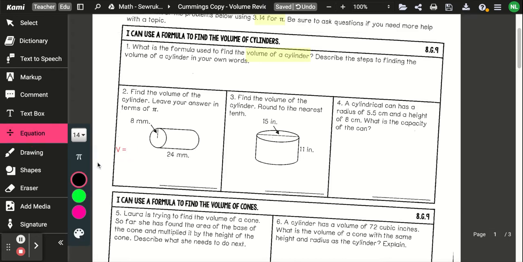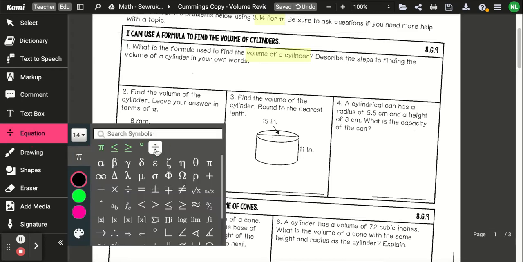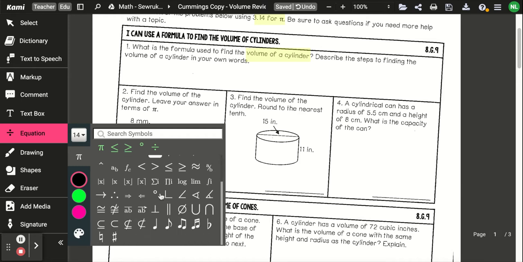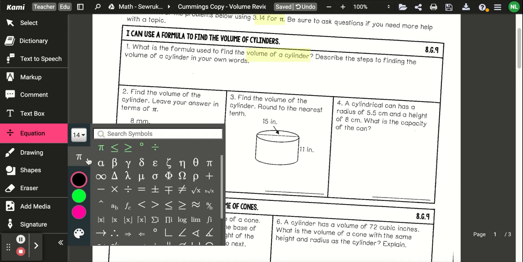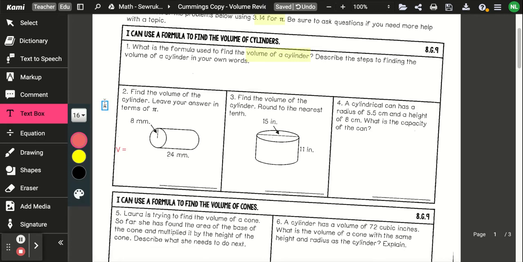Actually, I can probably do the equation piece. Pi r squared times height.